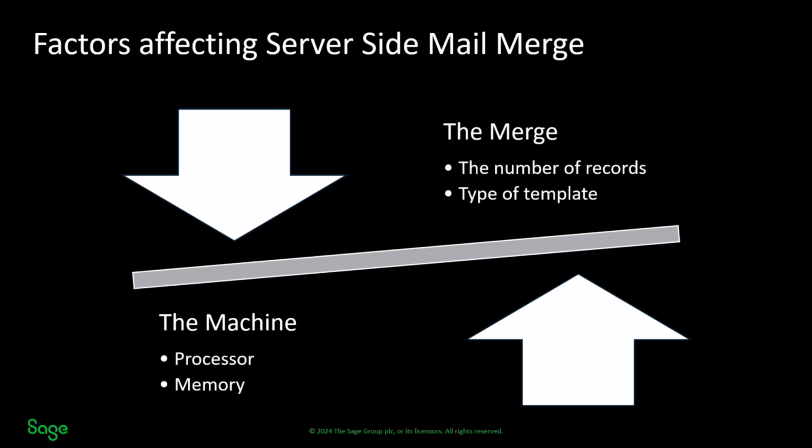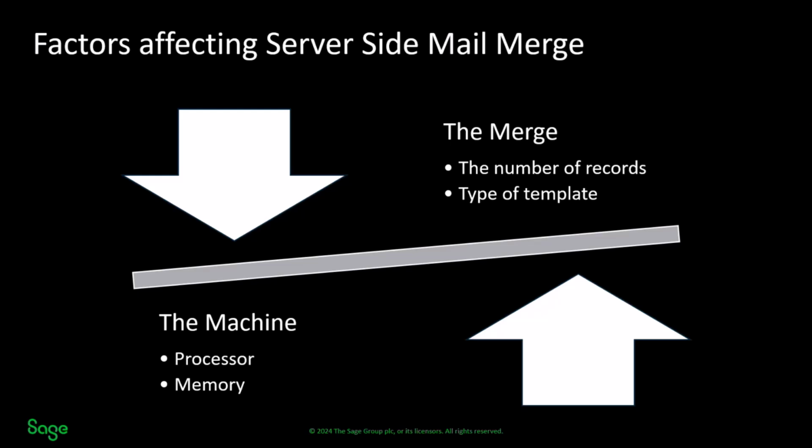lesson. Now, before we do this, there are 2 fields still outstanding to be considered, and they're to do with mail merge and the mail merge experience. Now, the length of time a mail merge takes is dependent on a number of factors. First of all, you think about the number of records that are being merged.